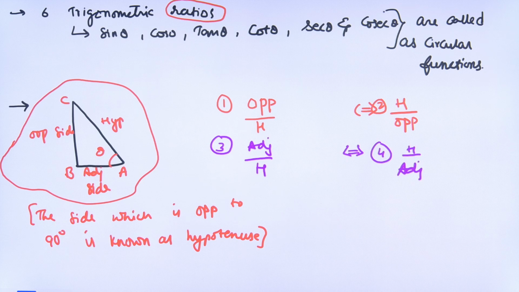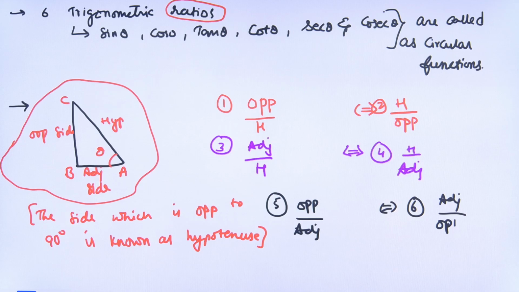Next combination, can I write opposite by adjacent and its reciprocal, adjacent by opposite? Yes. Now, we cannot get any more combinations than this.